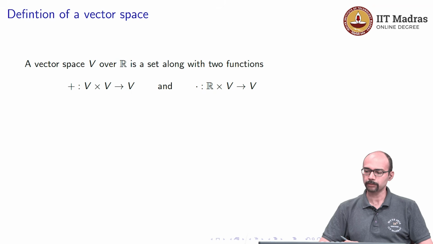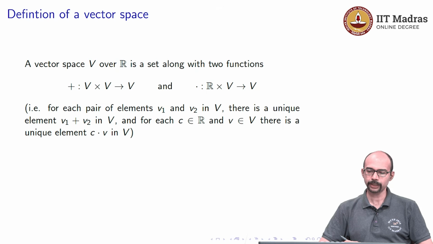This dot is from R cross V to V. That means if you take a scalar and an element of V, you get back an element of V, and similarly if you take two elements of V, you get an element of V. What's written here is that for each pair of elements V1 and V2 in V, there is a unique element V1 plus V2 in V, and for each scalar C in R and vector V in V, there is a unique element C dot V in V. That is what we mean by these two kinds of functions.